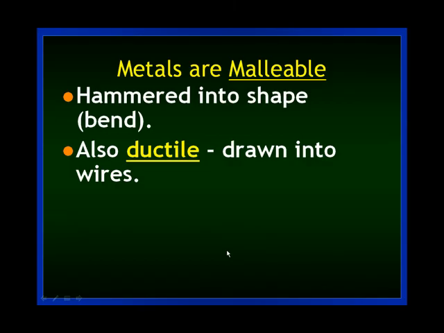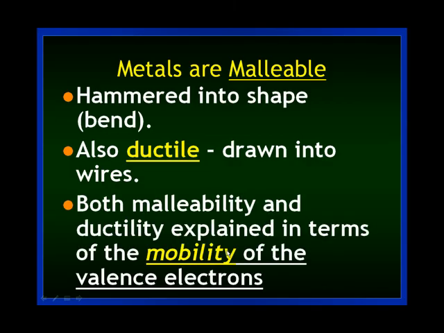Okay, so if you open up an extension cord, or if you've seen the wiring inside your house, it's all copper wiring. Now, what explains both the malleability and the ductility is that sea of mobile valence electrons.